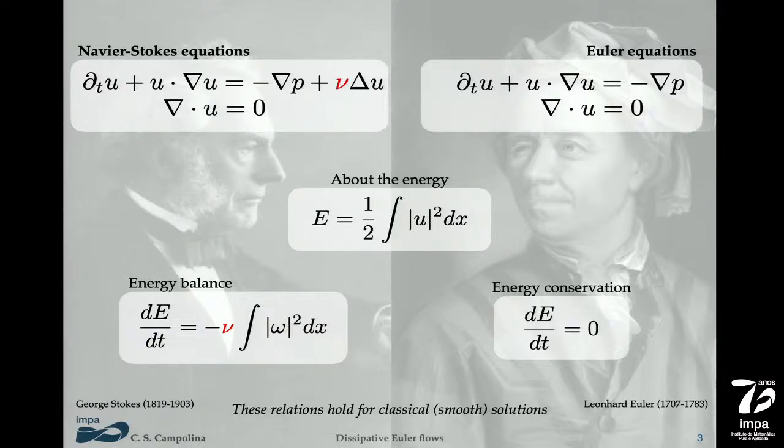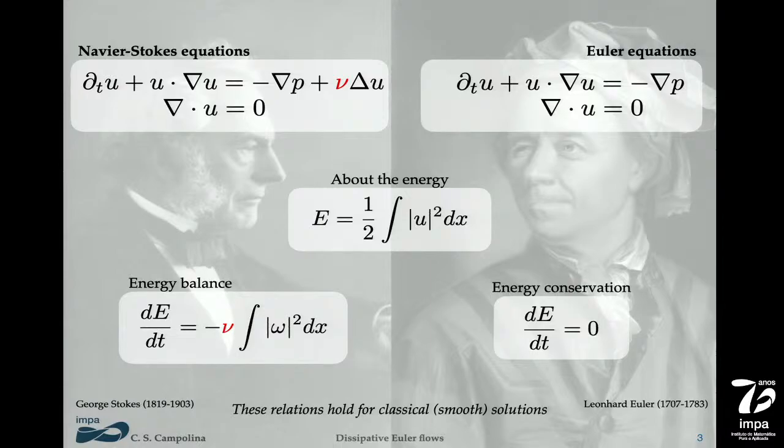If we want to study the time evolution of the energy, we may differentiate in time and substitute the equations, the Navier-Stokes equations or the Euler equations, and after several manipulations, we obtain a balance for the energy.